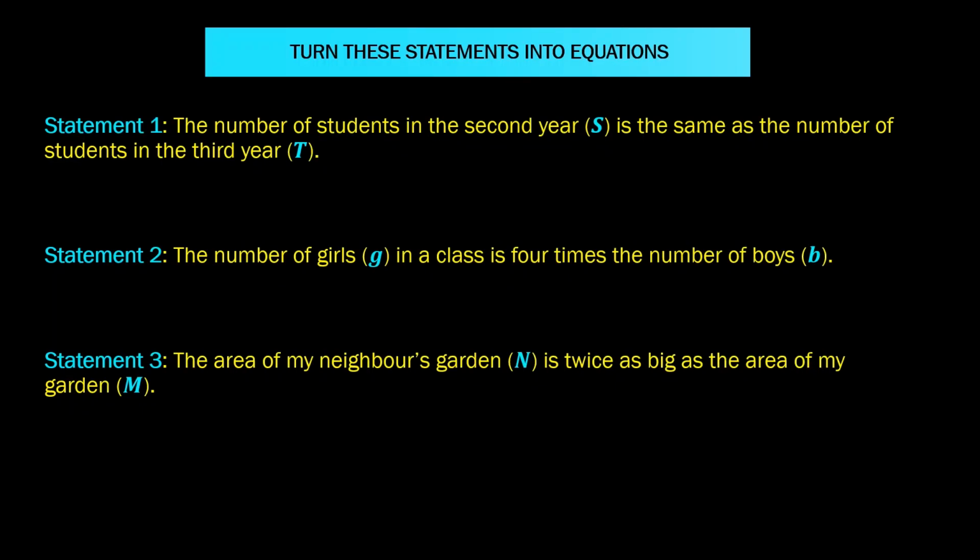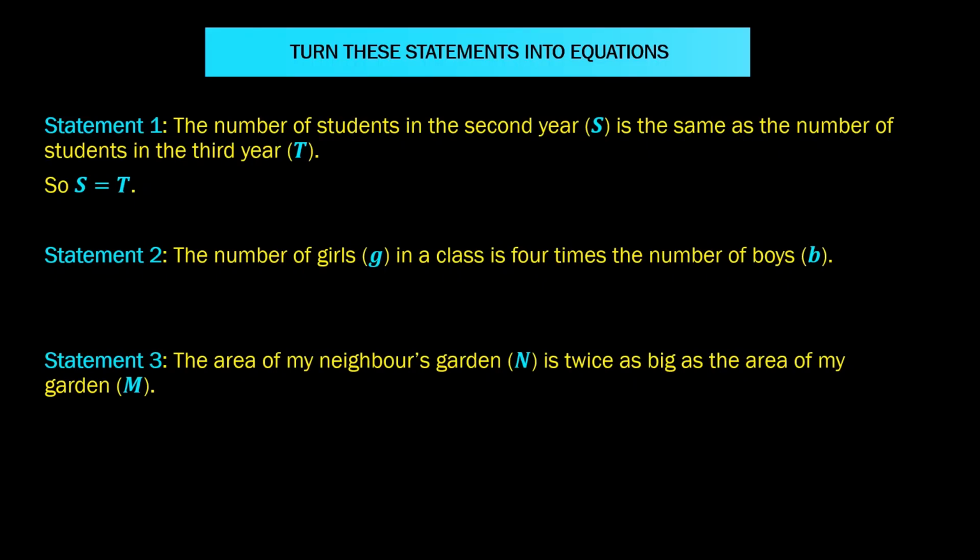Let's now take a look at the first statement. It says, the number of students in the second year, S, is the same as the number of students in the third year, T. So we have S equals T. What about statement 2?